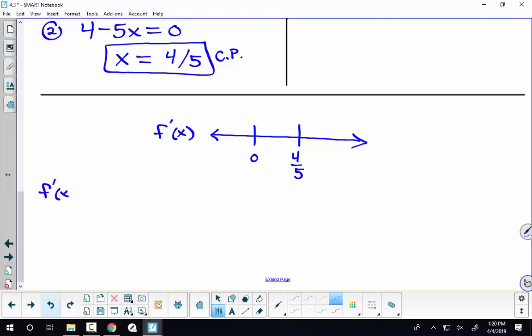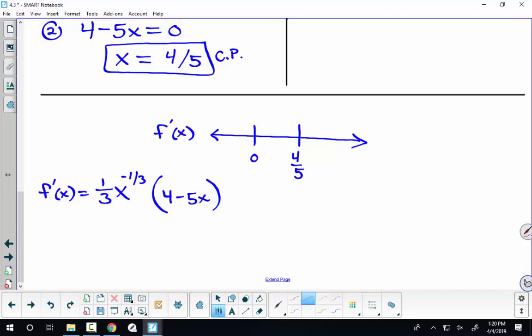As a reminder, we're going to rewrite our first derivative here. Unless you're using a calculator to test values, when we have the derivative factored, it's always easier to check the sign in the factored version than in the full-on expanded version of the derivative.